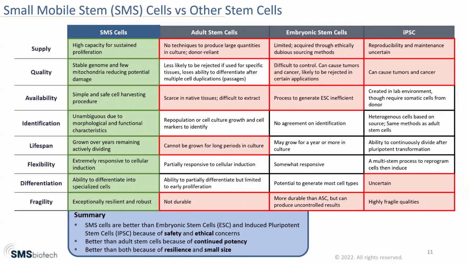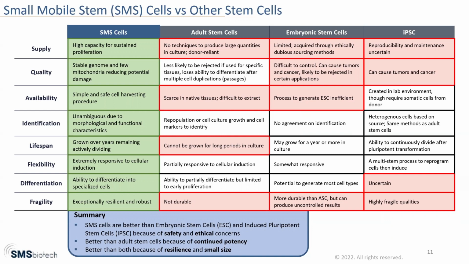It is important to be aware that SMS cells, when compared to other adult stem cells, embryonic stem cells, and iPSC, which are genetically modified cells, appear quite clearly to be quite distinctive. SMS cells present safety and efficacy.